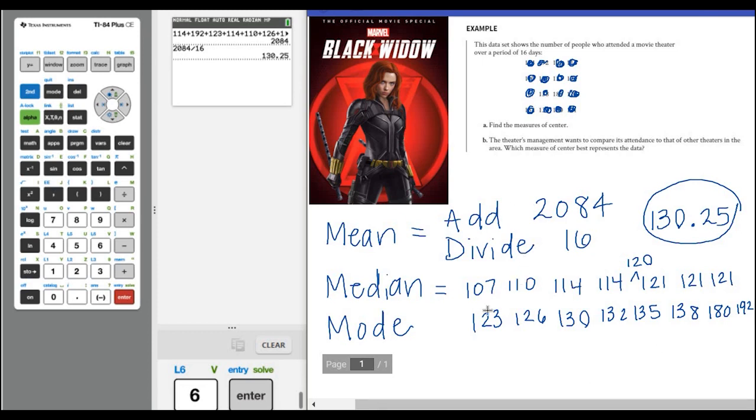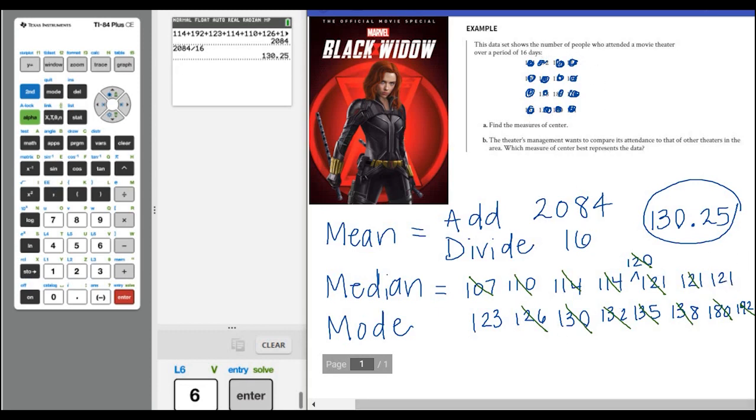And I do that by starting at the outside, starting at the lowest and the highest, and working my way in. So I'm going to just cross off until I find my way to the middle. Aha. So what I end up with is two numbers right in the middle, and that's because I have an even number of values.